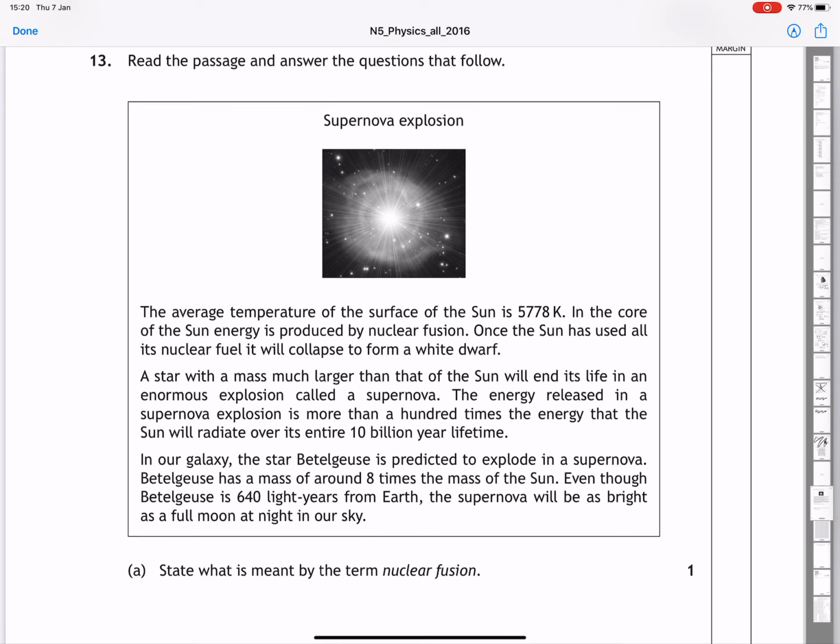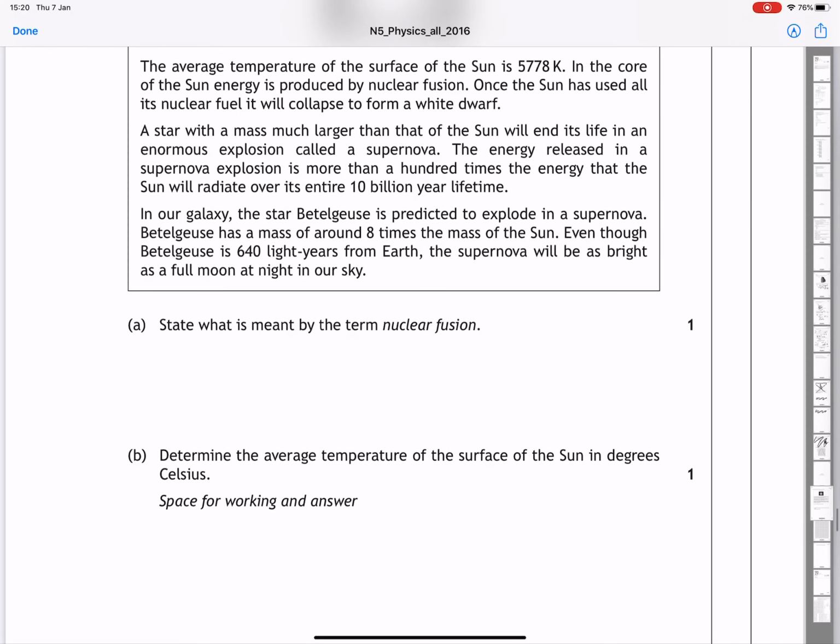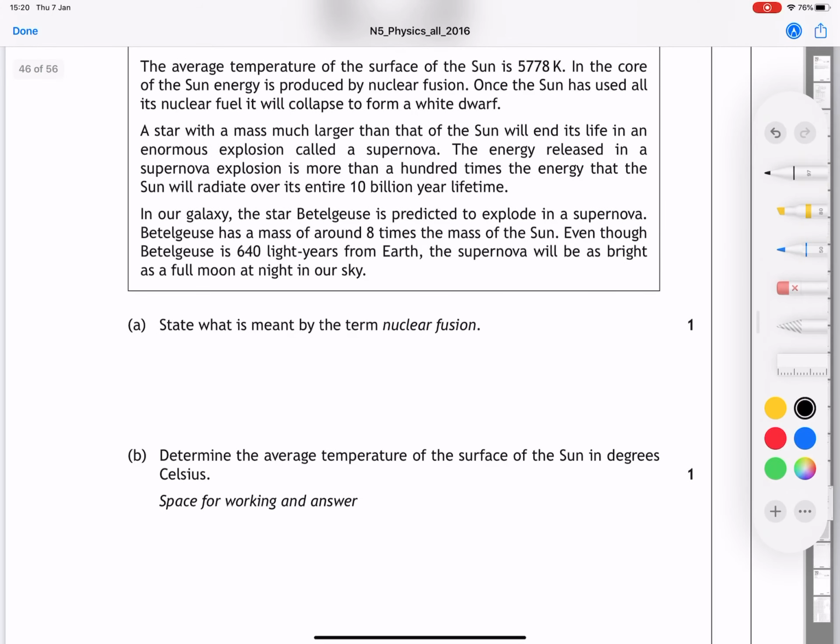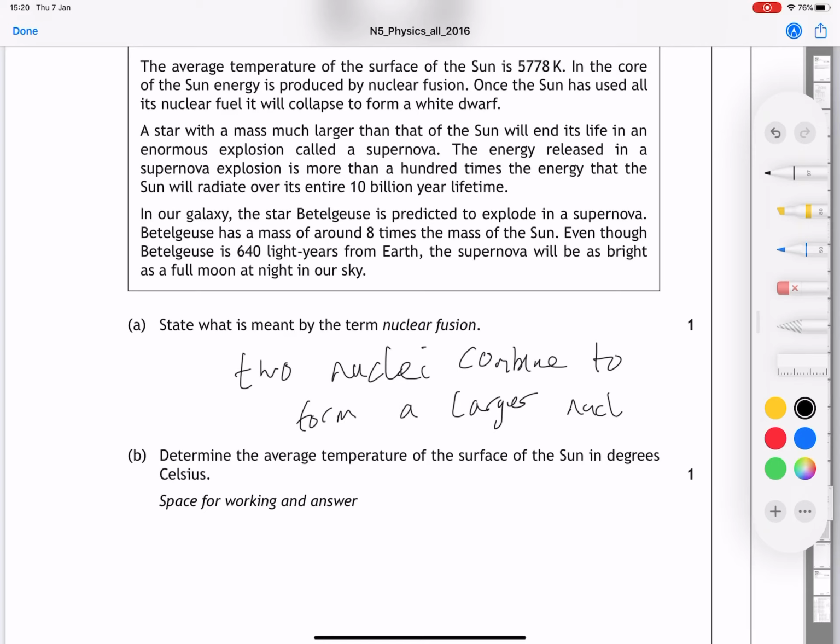13 was just about reading the passage. State what is meant by the term nuclear fusion. You just have to pick it from the text. That's 2 nuclei combine to form a larger nucleus, 1 mark.